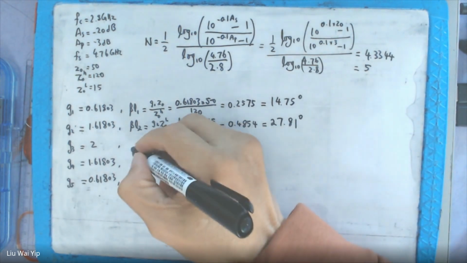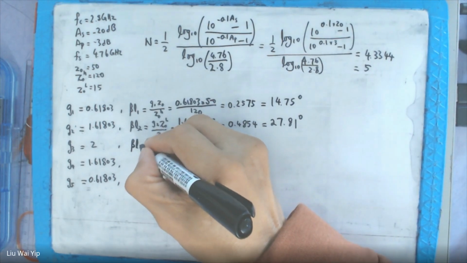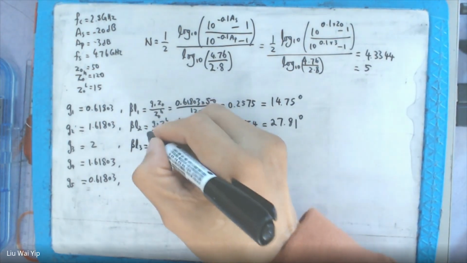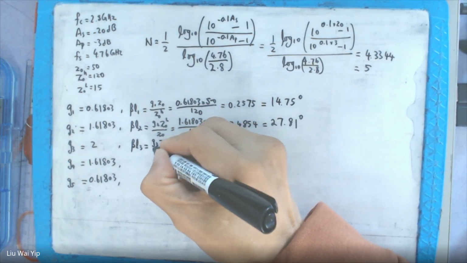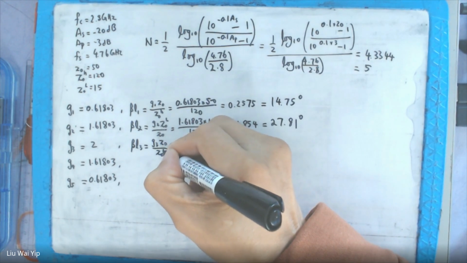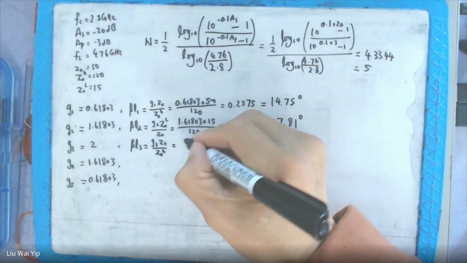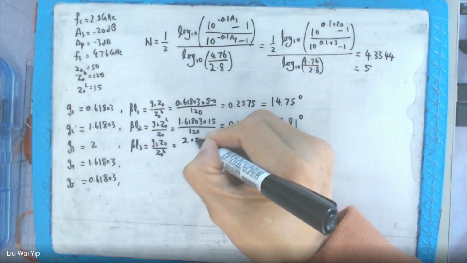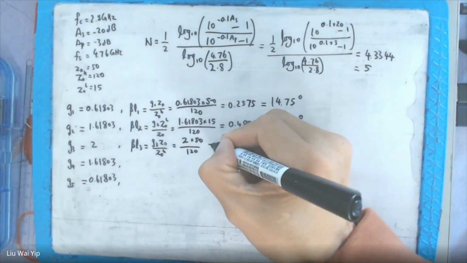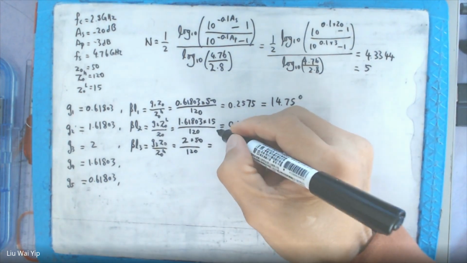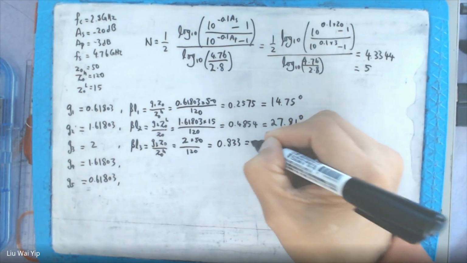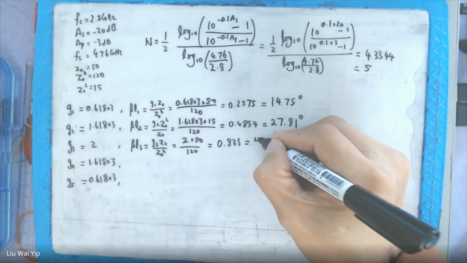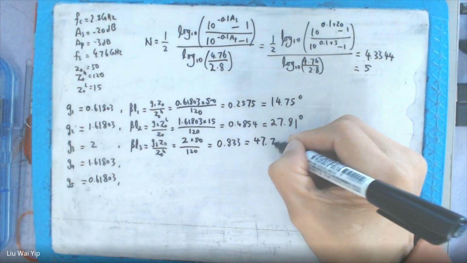Okay. So for beta 3, the formula will be the same as the first one. The value here is 2, and you will get 0.833, and this will give you 47.74 ohm.